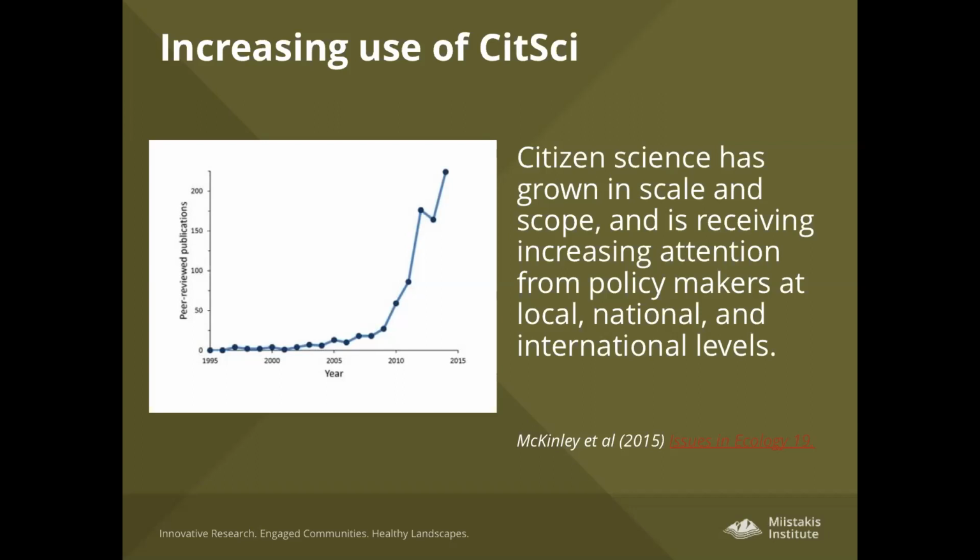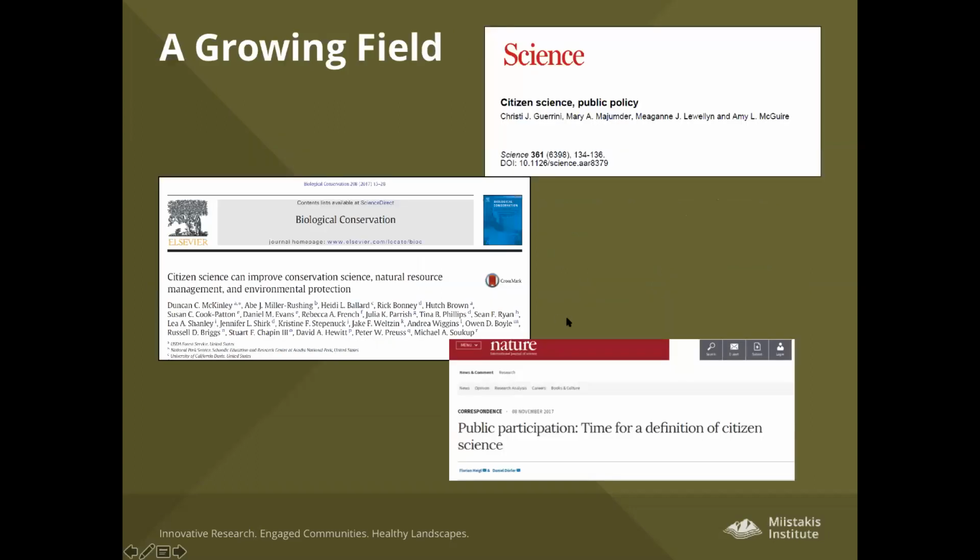And also an increased value realized in improving the public's understanding of research and monitoring through engagement in the scientific process. And we've also seen this in publications as well. You're starting to see more and more discussion about the value of citizen science.